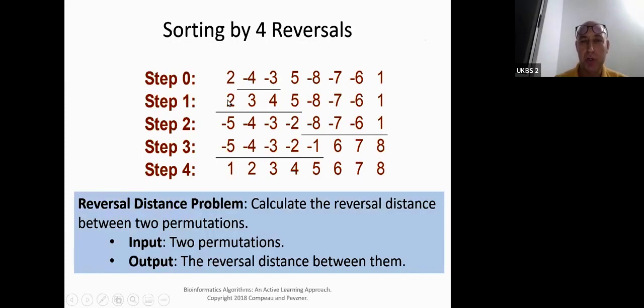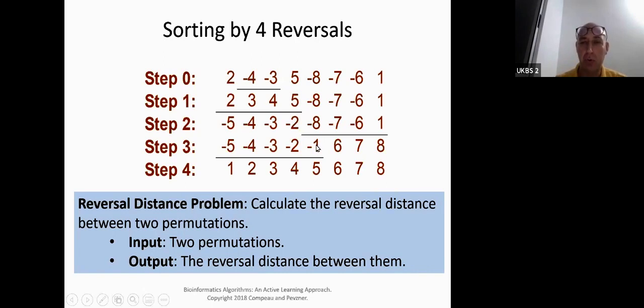And so I have 2, 3, 4, 5. And I have to reverse it now. 2, 3, 4, 5, I'm going to reverse it. So I'm going to have minus 5, minus 4, minus 3, minus 2, minus 8, minus 7, minus 6, and 1. And now I'm going to reverse this part.